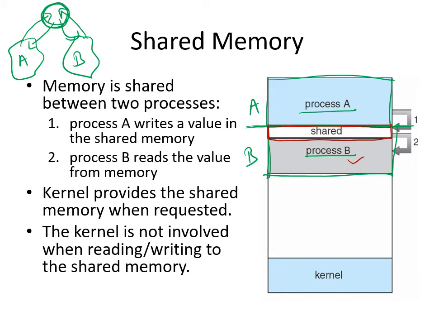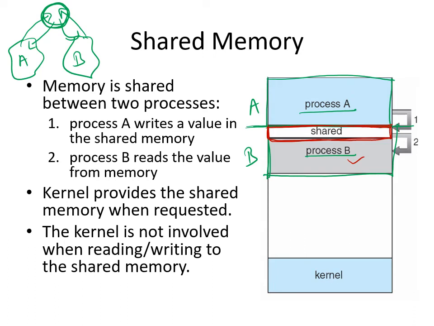Now the creation of this shared memory region can be done with the help of appropriate system calls. So once this shared memory region is created, any other process that wishes to communicate with process B through this shared memory segment will have to attach this segment to its own address space. Now from this point onwards, both processes can communicate by simply reading and writing into this shared memory segment.